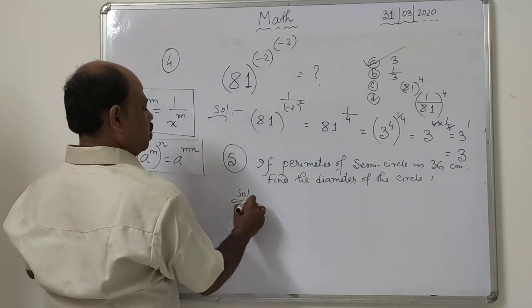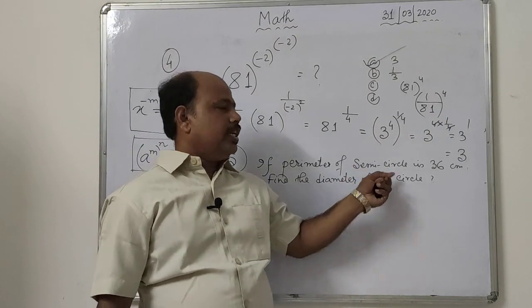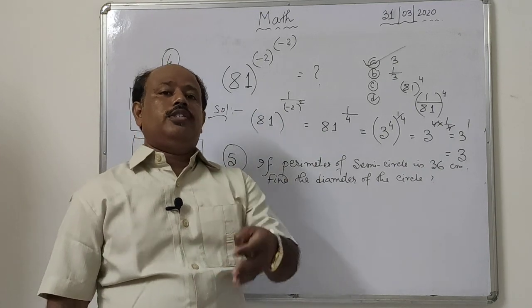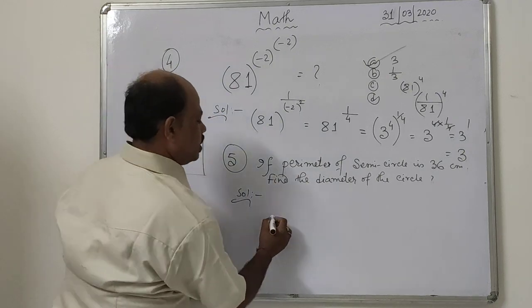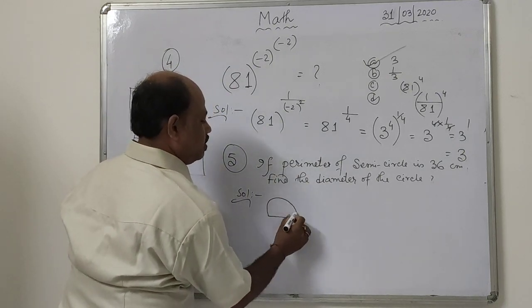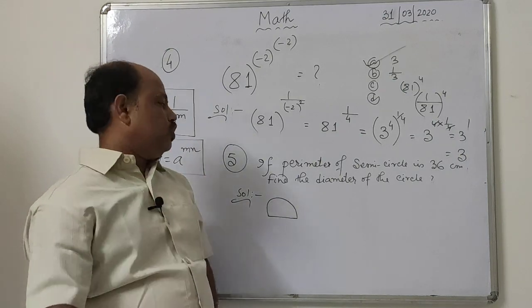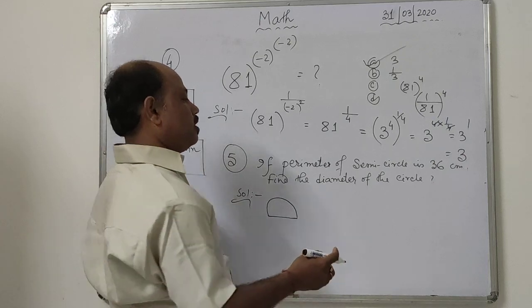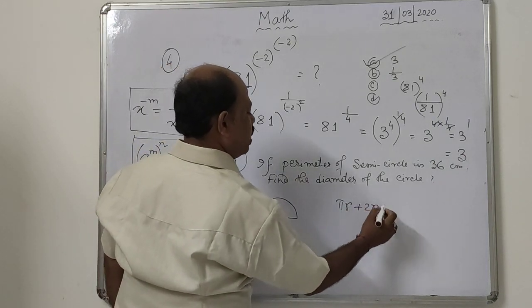Look, what is the method? You know the semicircle is a problem of mensuration, and you know very well the formula. The semicircle is the half circle, in Bangla called ordhobritto, and the formula for the perimeter of a semicircle is pi r plus 2r.